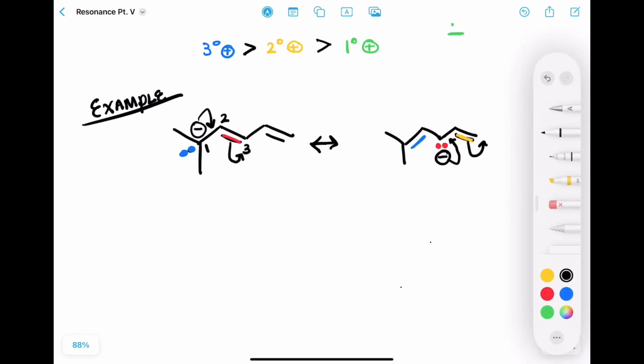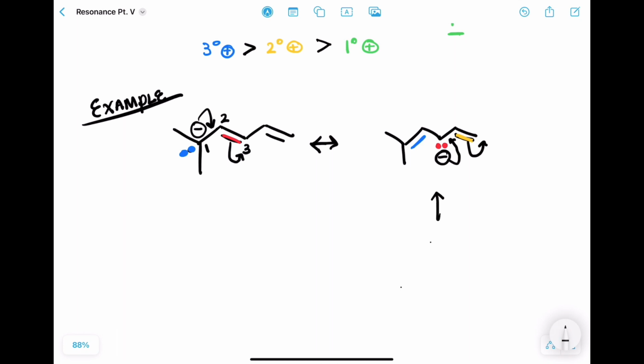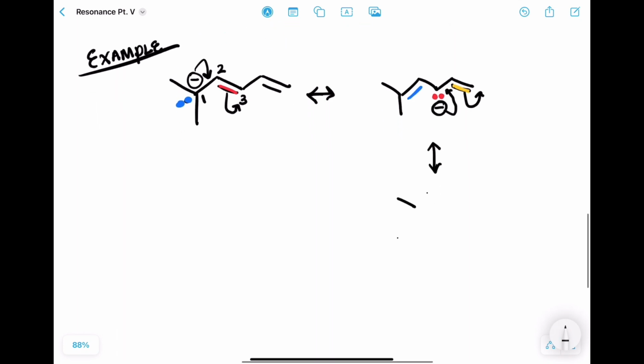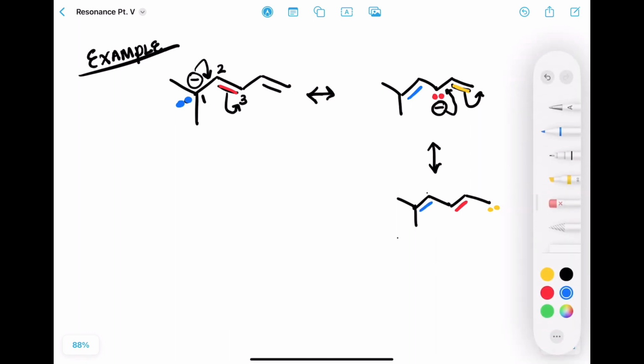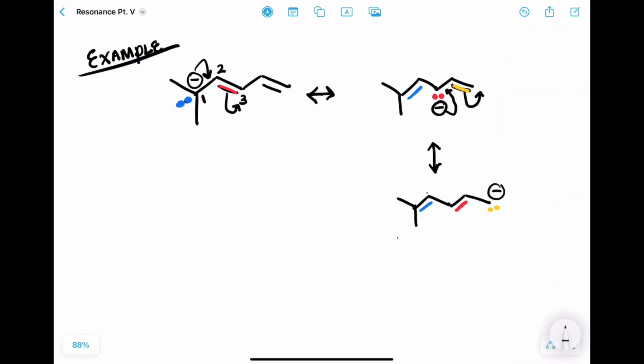And so when we do our resonance structure, I'll draw the backbone out. And now I'll take yellow, and I'll put the blue there, right? And so now we have our negative charge around this final atom.